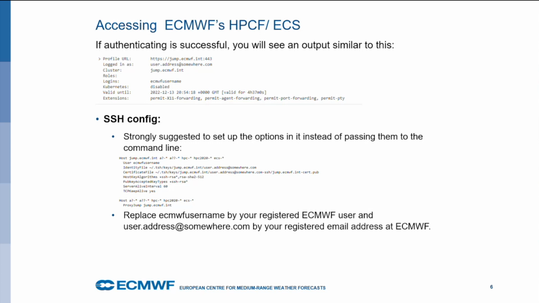The last line says that to access all these servers, which could be a question mark star, or A, B, A, C, A, D, the different complexes of the computer hall, or anything which is HPC star, like HPC login, or ECS star, for all those, use Jump as the client.